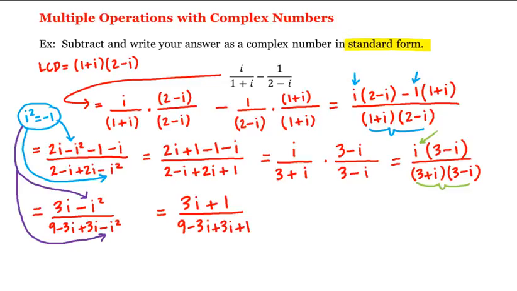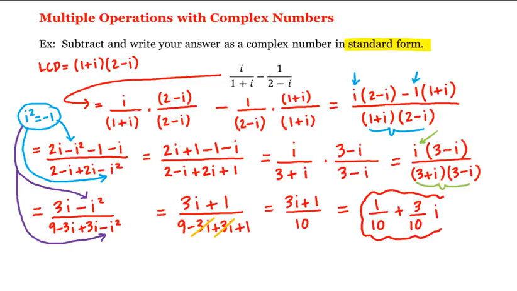And now the negative 3i and positive 3i in the denominator cancel, and we're left with 3i plus 1 divided by 10. And now dividing both terms in the numerator by 10 and writing the real part first so that it's in standard form gives us our answer of 1/10 plus 3/10 i.